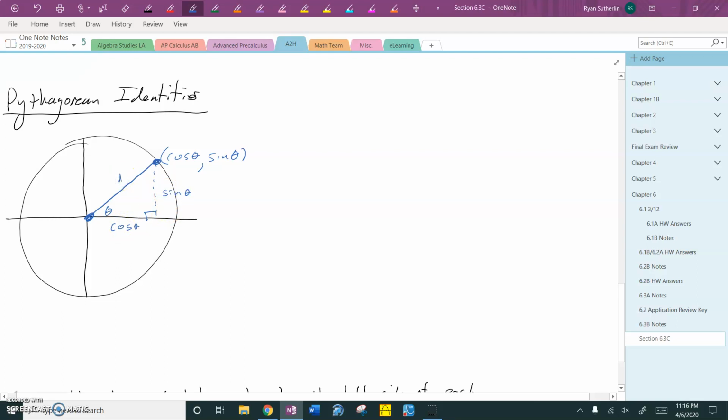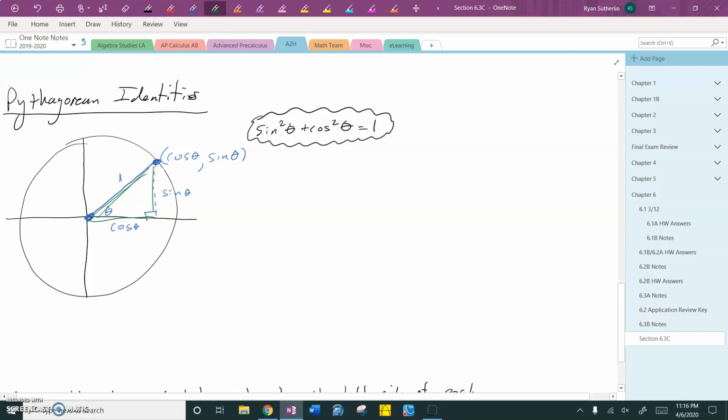So if I use Pythagorean theorem, I have that sine squared theta plus cosine squared theta is equal to 1. And that is the first and the main Pythagorean identity. Sine squared, just here, plus cosine squared is equal to 1 squared, just plugging into Pythagorean theorem.